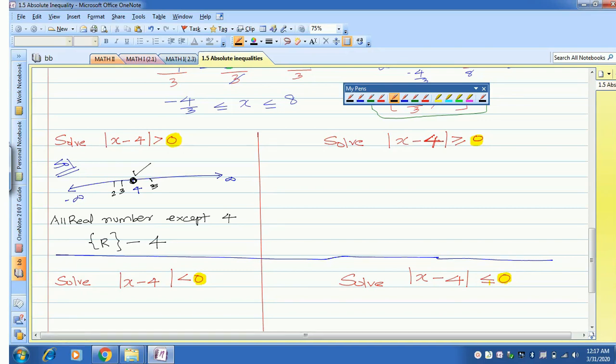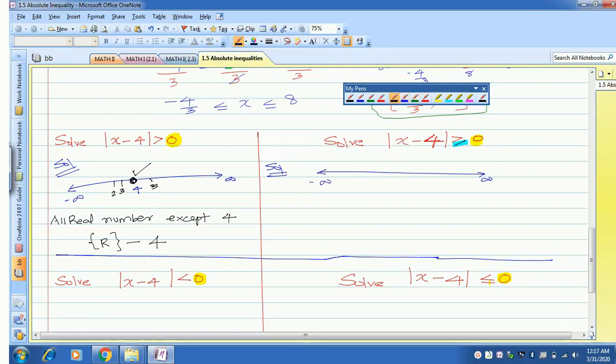Now coming to the next one, it is greater than or equal to. What is the difference between the last problem and this problem? In the last one you don't have equal, but here you have equal. So it is all the real line. Throughout the real numbers you will get the solution.